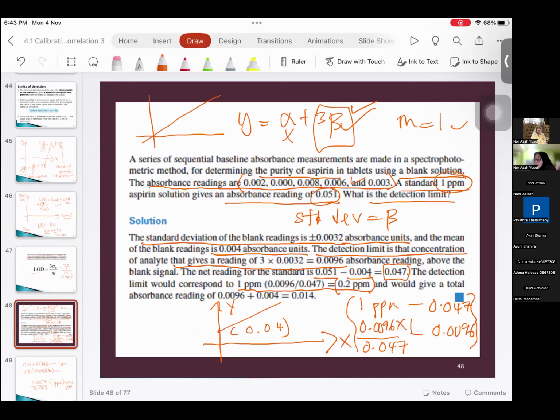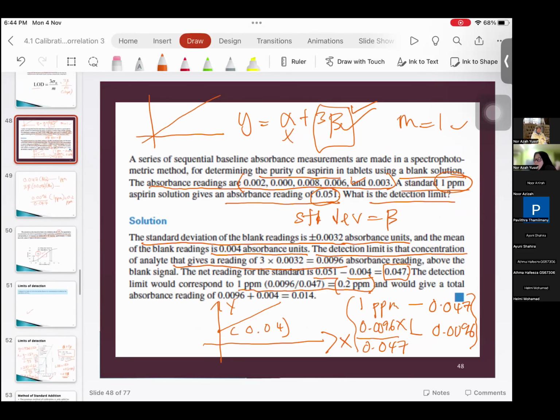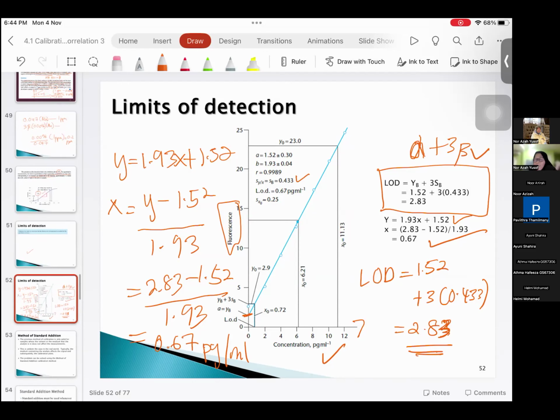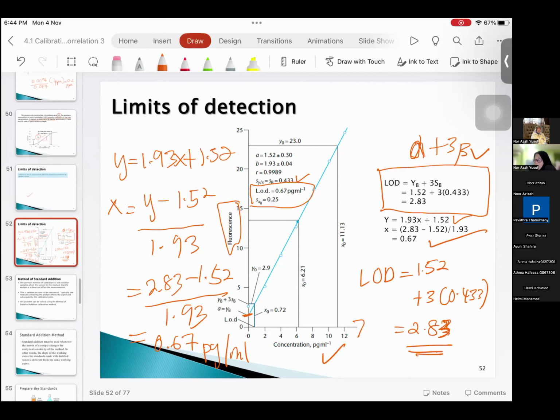The final example is using alpha plus 3 beta. I try my best to make it clear, but don't worry, because all of these can be calculated using Excel.